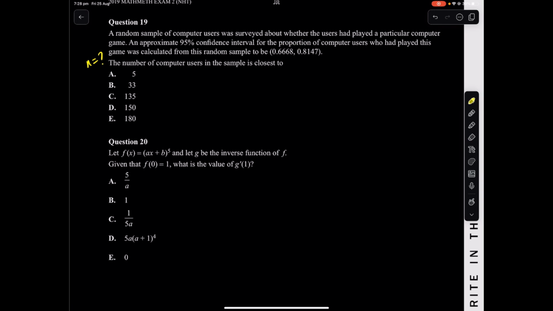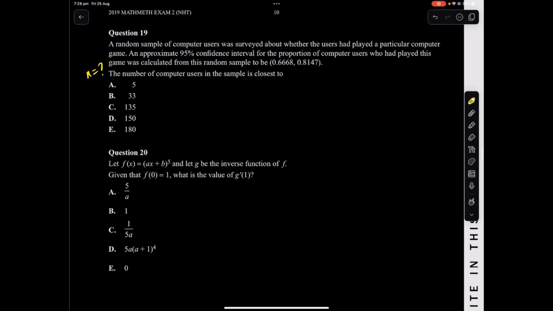So what we can do is, we know that this first one, 0.6668, is equal to what? It's p minus your z, which in this case is 1.96 if I'm not mistaken for a 95% confidence interval, times the square root of p0 times 1 minus p0 over n.